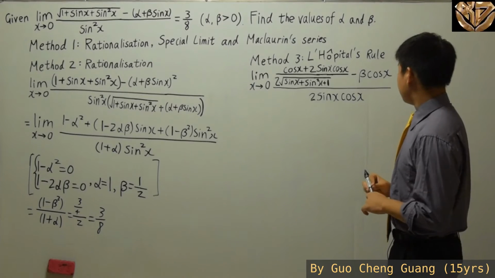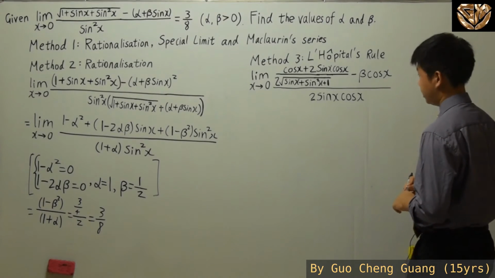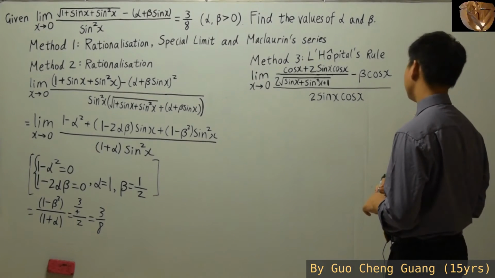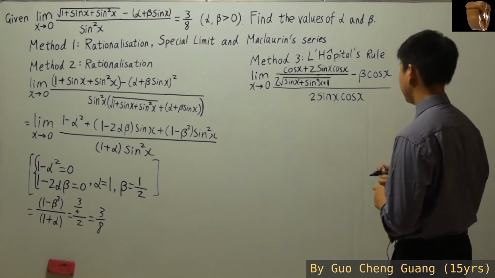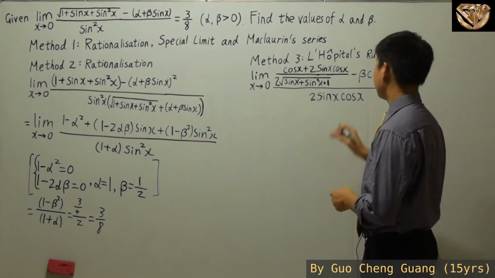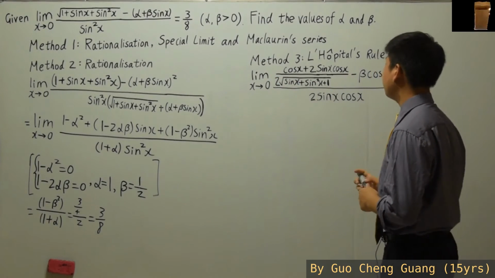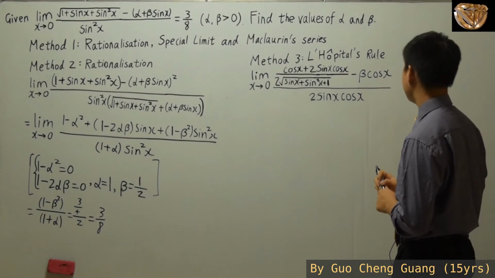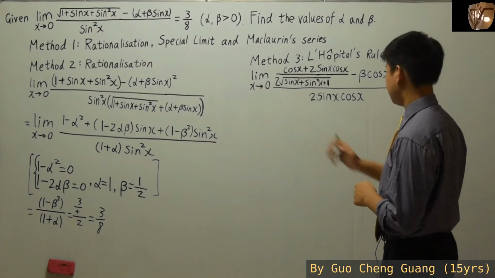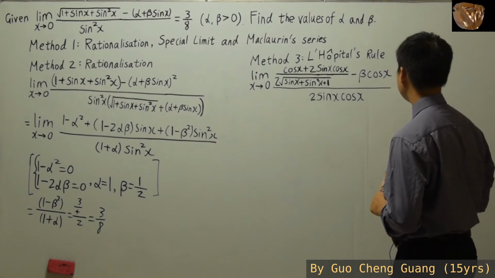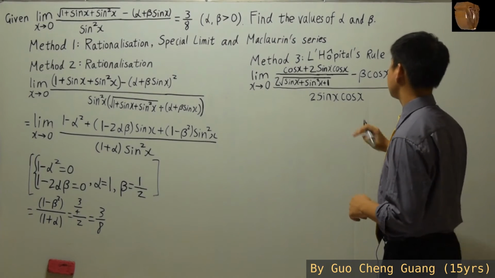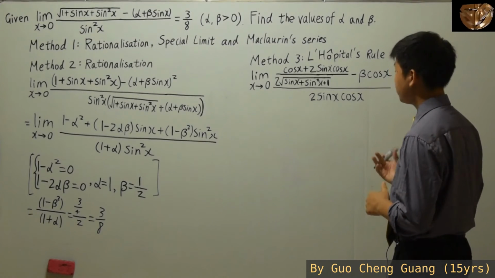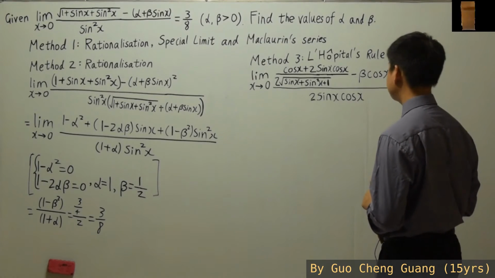So the next step, what you can do is, you might want to just first take a look at what kind of terms you have here, right? Now, in the first fraction in the numerator, you have cosine x plus 2 sine x cosine x divided by this entire bunch, then minus beta cosine x, and then divided by 2 sine x cosine x. So what kind of form is this right now?